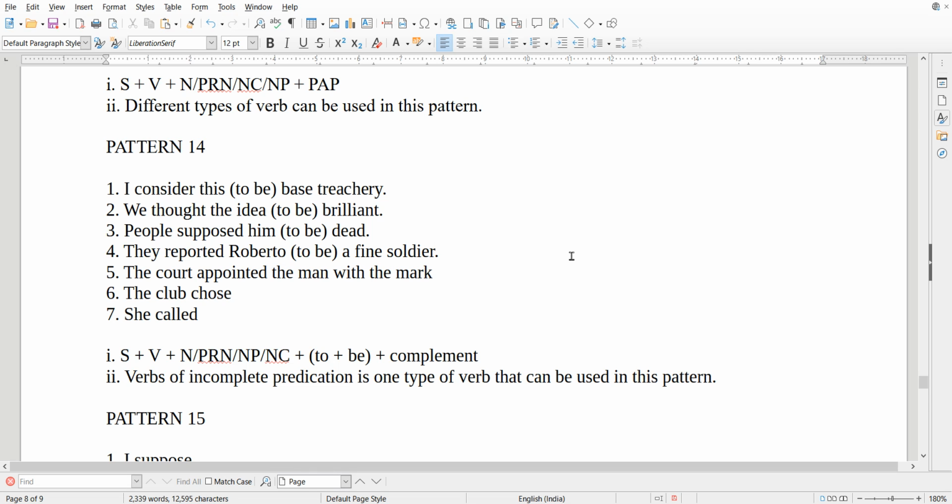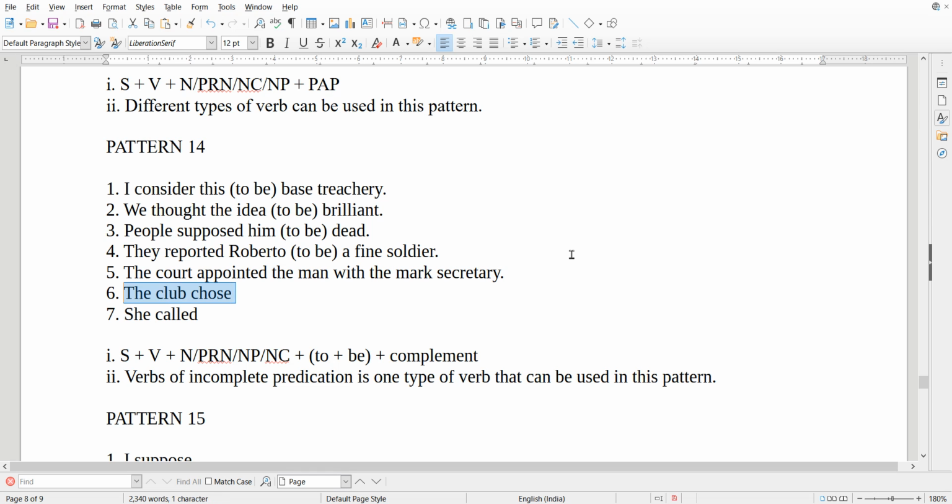The court appointed the man with the mark secretary. The court appointed him secretary. That should be correct. The club chose, yes, it's a similar sentence, so I'll change it.